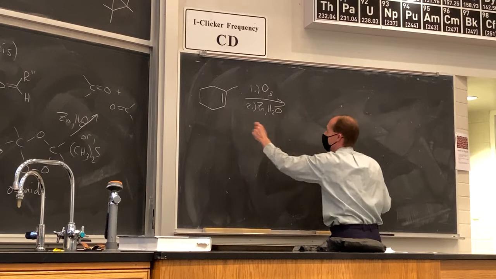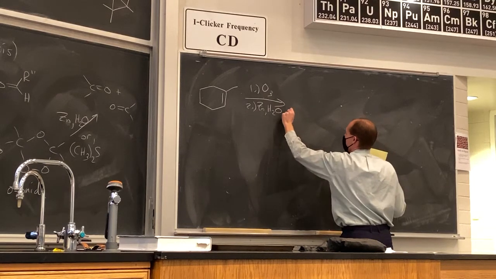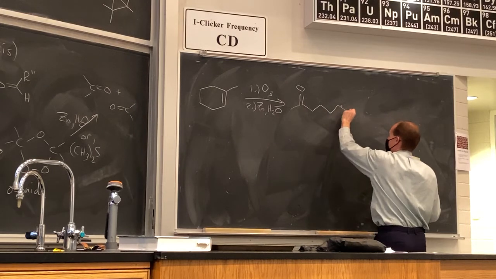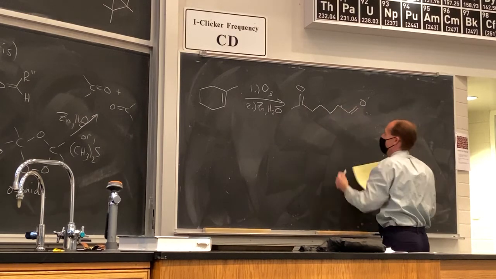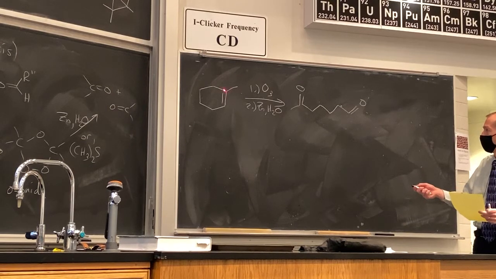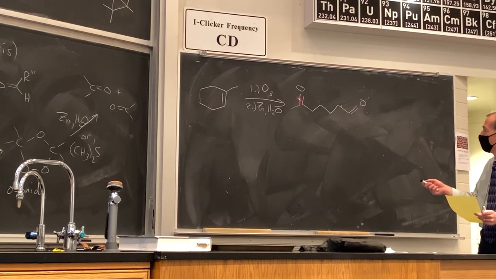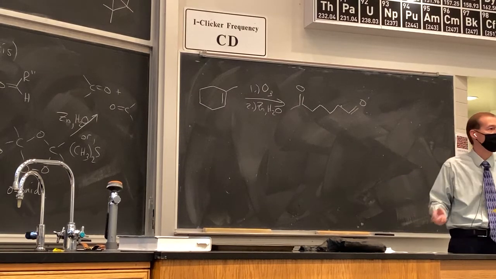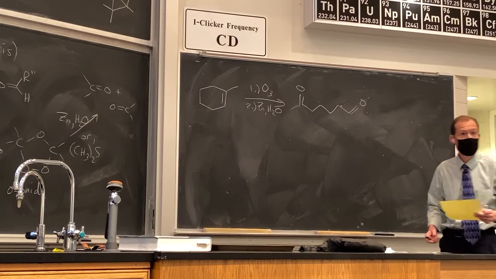So here we would obtain a ketoaldehyde, right? So we count 1, 2, 3, 4, 5, 6. This carbon becomes the ketone. This carbon becomes the aldehyde. 1, 2, 3, 4, 5, 6. This is the product that we would obtain from ozonolysis of this cyclic alkene.